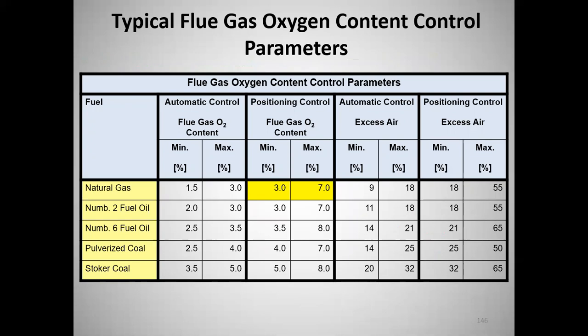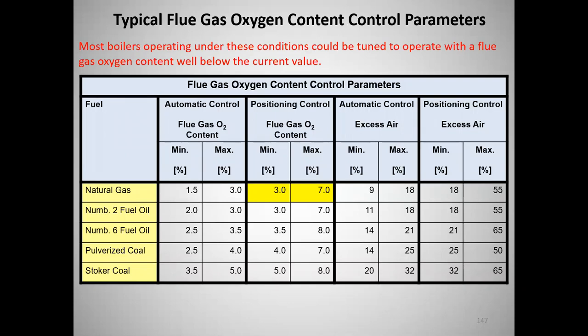Okay, so if I go back to my control parameters, let's say I have positioning control. I could expect a minimum of 3, a max of 7. I'm running 7. Why don't we say if we tune this thing, we could get it to 5 anyway. Maybe we could get 3.5 or 4, but we ought to be able to get to 5 unless there are some extenuating circumstances.